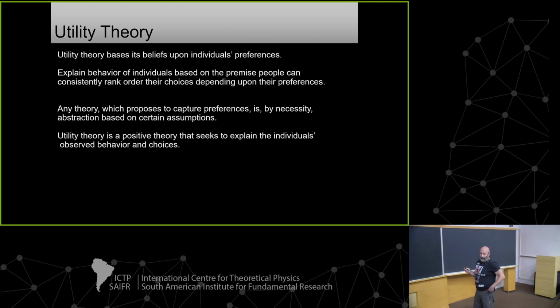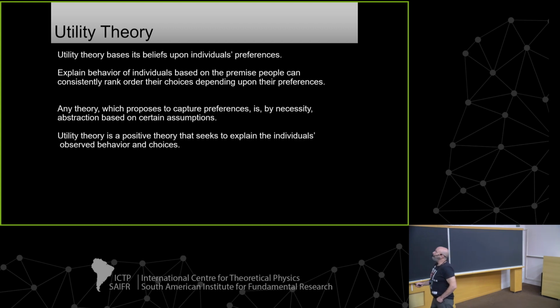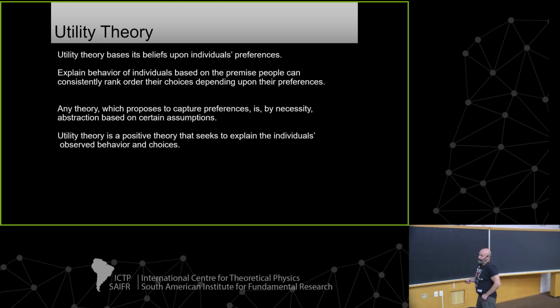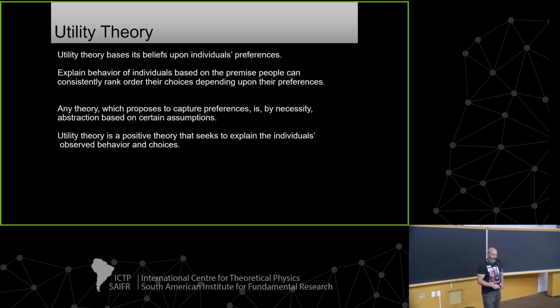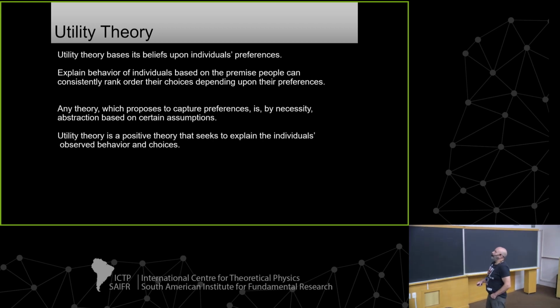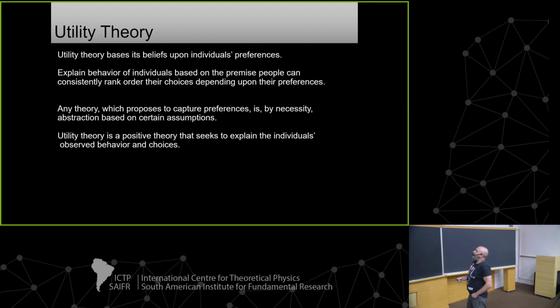Another important concept we need to know is the utility theory, which is also linked to decision theory. Utility theory bases its beliefs upon individual preferences. It explains the behavior of an individual based on the premise that people can consistently rank.